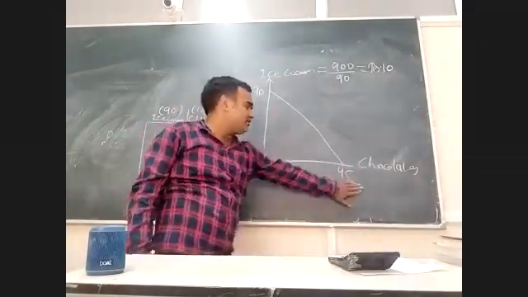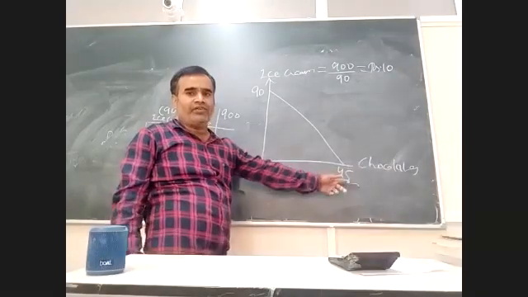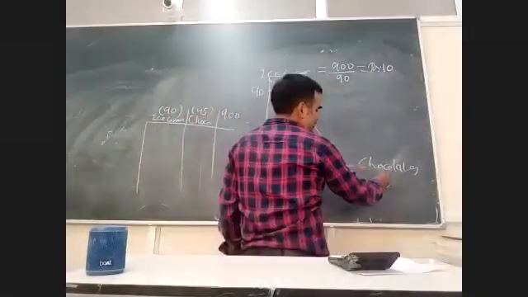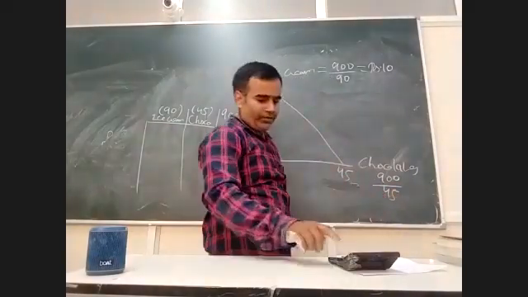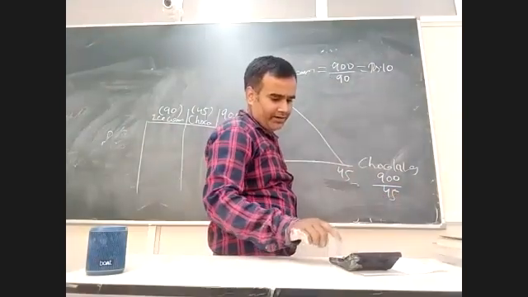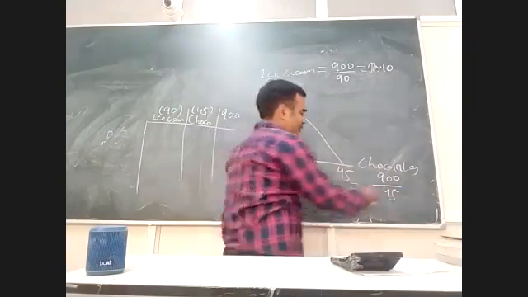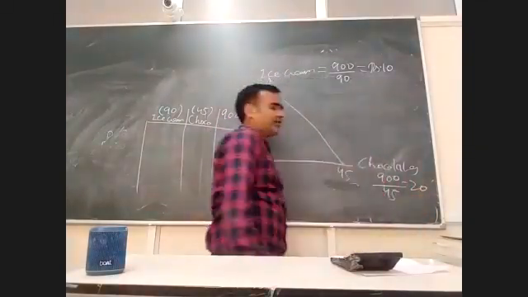And for the 45 quantity, if I want to calculate its price, then 900 rupees divided by 45 comes to 20.